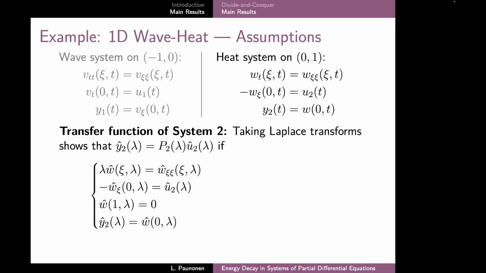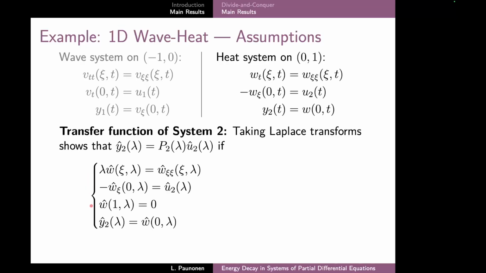And in this transformation, the time variable is replaced by a frequency parameter lambda, and then the time differentiation is replaced by multiplication with the lambda parameter. And with this transformation, the three first lines of our equation become a boundary value problem which is parameterized by the parameter lambda. And this is quite a simple system that we can solve even by hand.